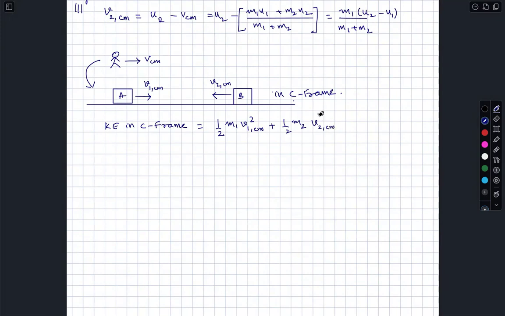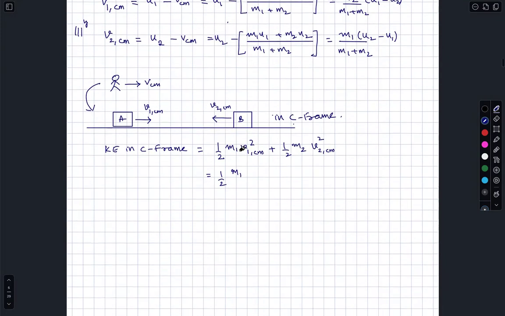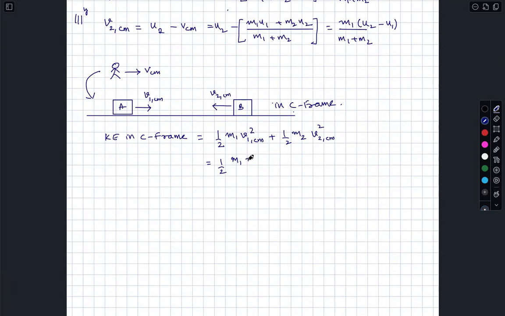This is nothing but half m1 times (m2 by m1 plus m2) square u relative square plus half m2 times (m1 by m1 plus m2) square times u relative square.